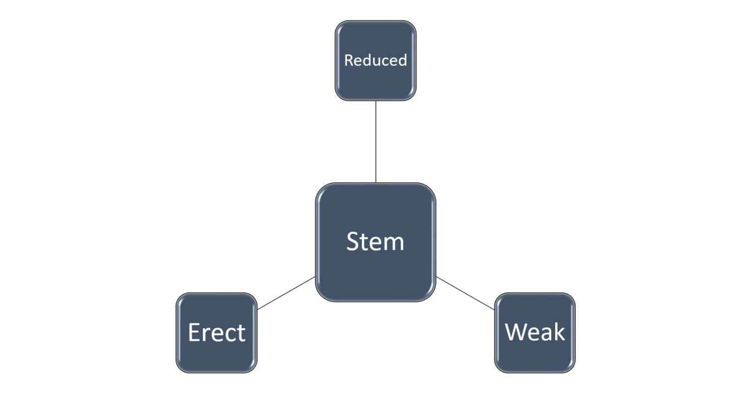Now let's come to the different types of stem. Stems can be classified under three types: reduced stem, weak stem and erect stem. So let's start with reduced stem. In some plants you will see the stem is extremely reduced.